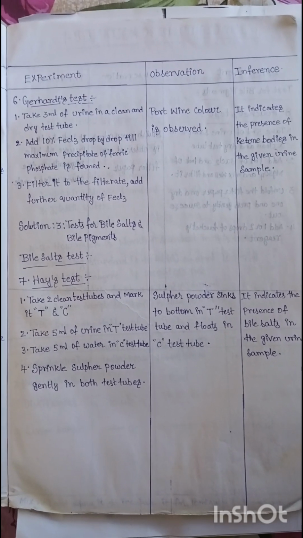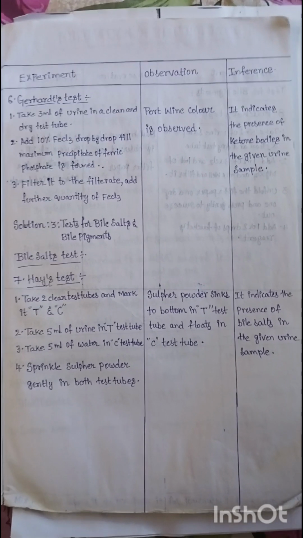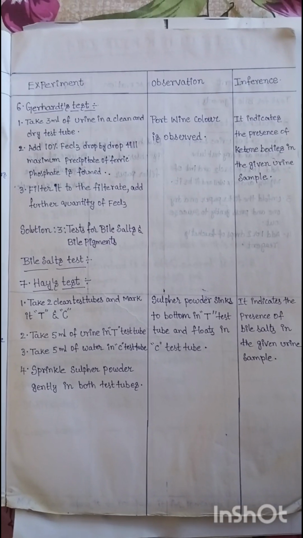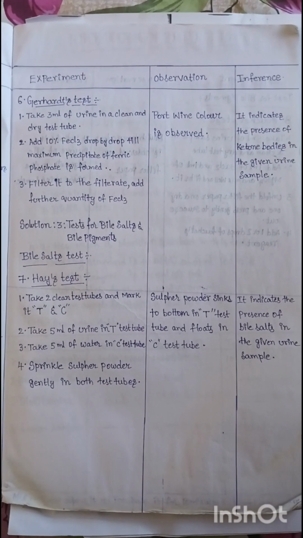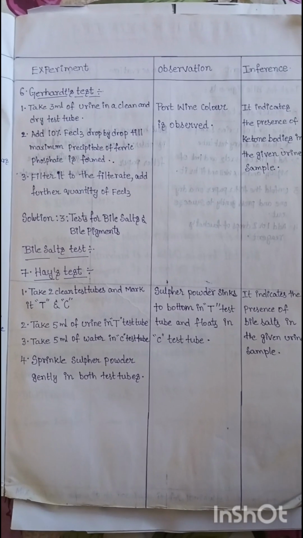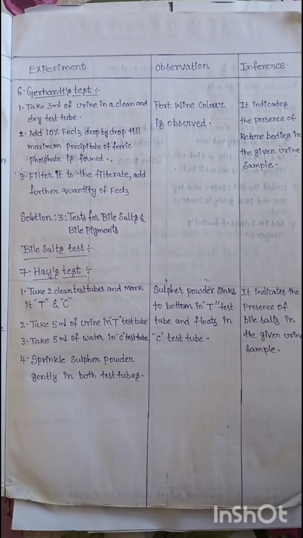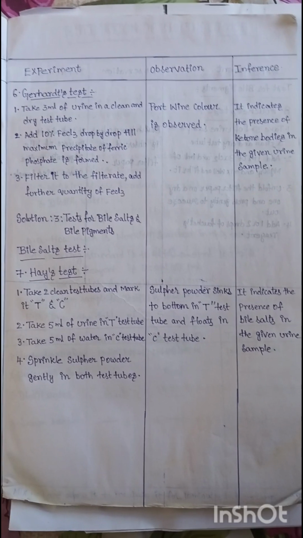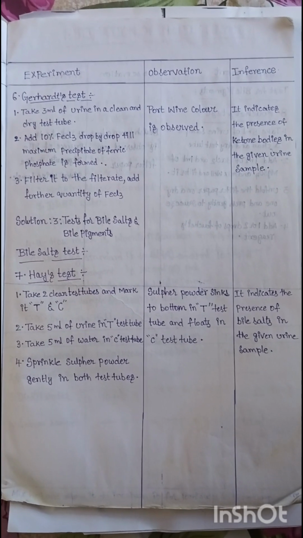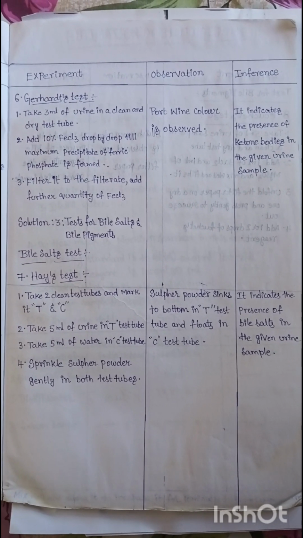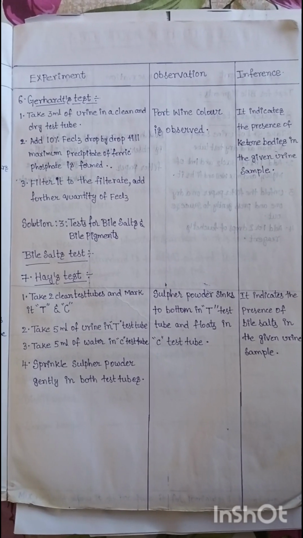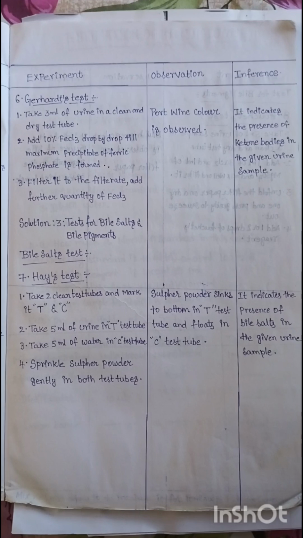Now unfold the filter paper on a dry one and press gently to squeeze out. Add 1 or 2 drops of Fouchet's reagent to it. Now what is the observation? A bluish green color is observed on the filter paper. What does it indicate? It indicates the presence of bile pigments in the given urine sample.